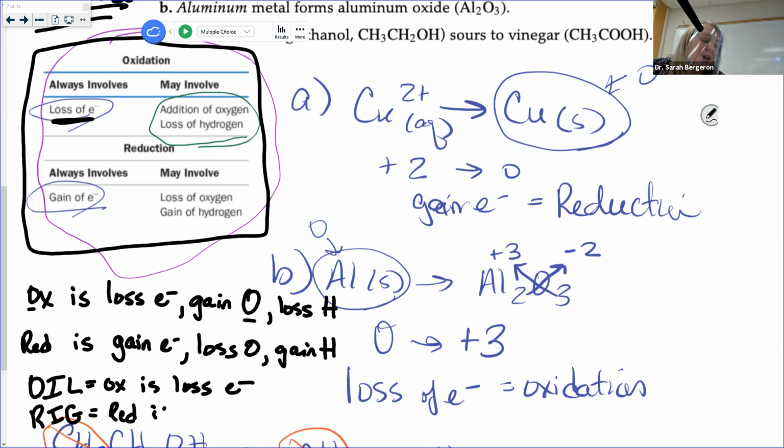Reduction is gain of electrons. So if you remember the oil rig, and then you remember O for oxidation means you're gaining oxygens, you got them all. There are some other little mnemonics you might have learned in high school, but these are the ones that I like.